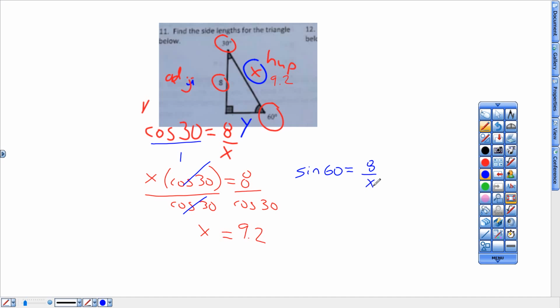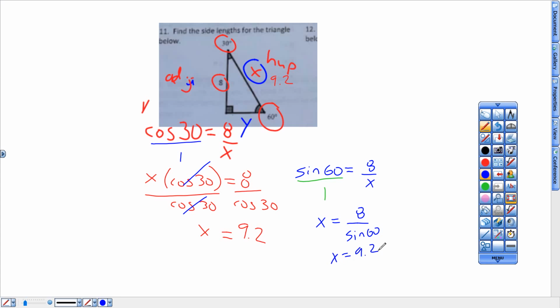Either way, either angle you come in from, either cosine 30, adjacent over hypotenuse, or coming in from 60, opposite over hypotenuse, this problem has you crisscross multiply and divide this 8 by sine 60. All you're doing is taking that 8 and dividing it by sine 60. That should give you that same length, 9.2.